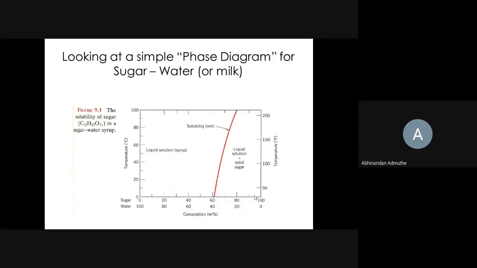So this is the typical template of a phase diagram which is valid for all systems. It doesn't matter whether it is sugar water, copper nickel, aluminum zinc, or aluminum silicon.